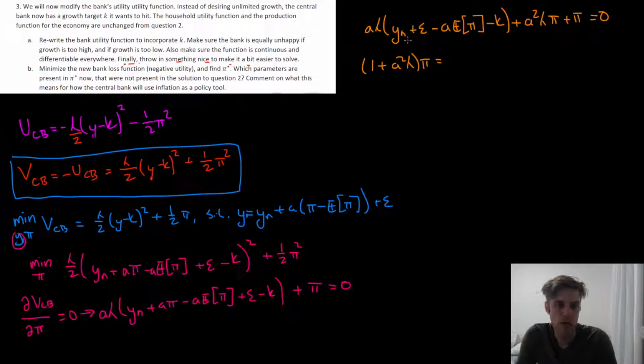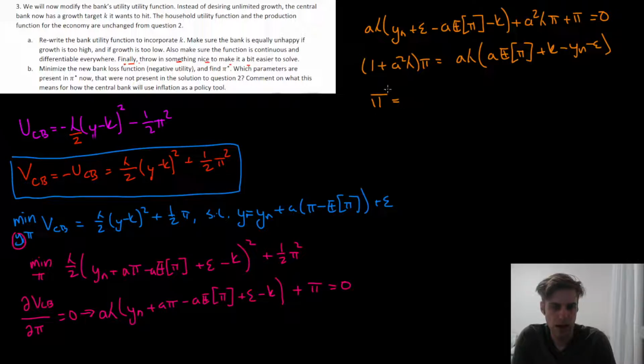we'll take this over, so we'll put the minus sign in here and flip everything. So we get a lambda, and then we flip everything: a expected pi plus k minus yn minus epsilon. And then divide.